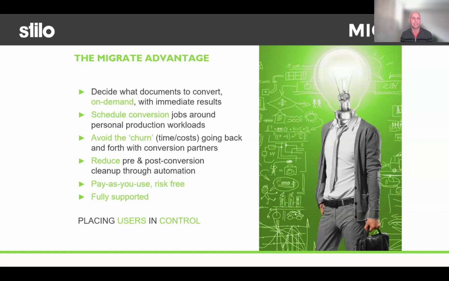So get it into the CCMS, get it published, take a look at it, figure out what needs to be changed, and then we go back to the rules editor. We fine-tune things until we get exactly what we're looking for. So you can go through this process very quickly, and you don't have to worry about paying anything additional when you reconvert the content, because you only pay once for each document.